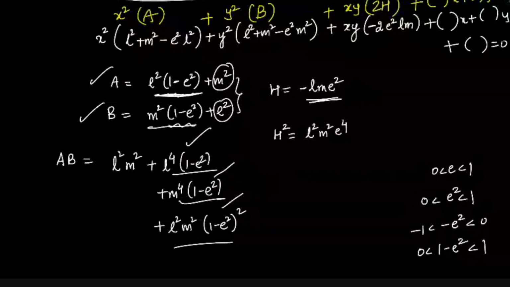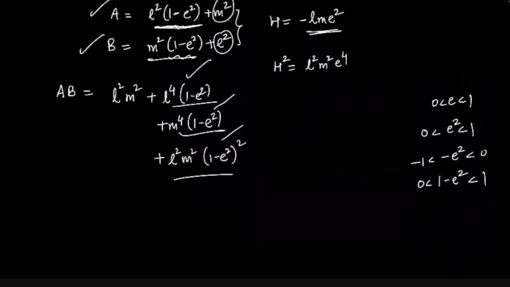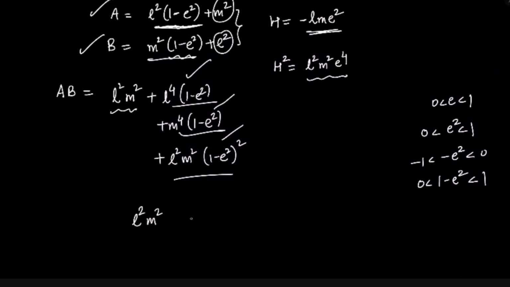So now when I compare L square m square with L square m square e power 4, which quantity will be more? L square m square is more or L square m square e power 4 is more? E value is between 0 and 1, it is some fraction like half or 0.1, 0.2 like that. L square m square is more.